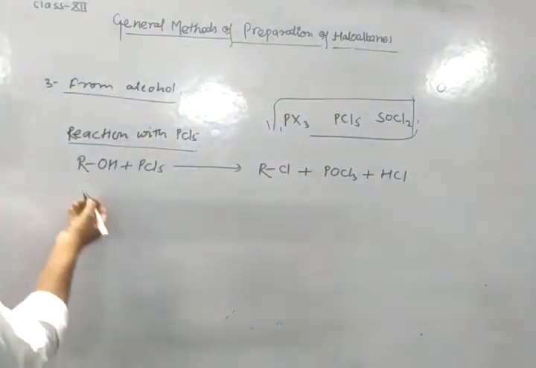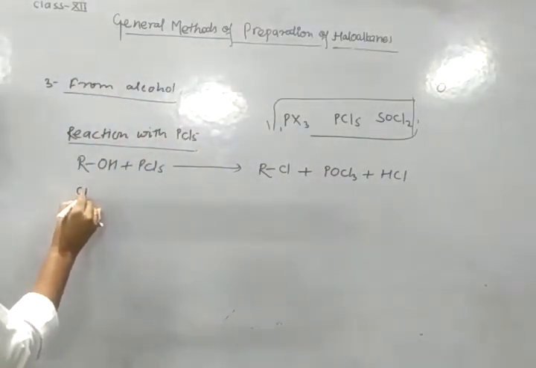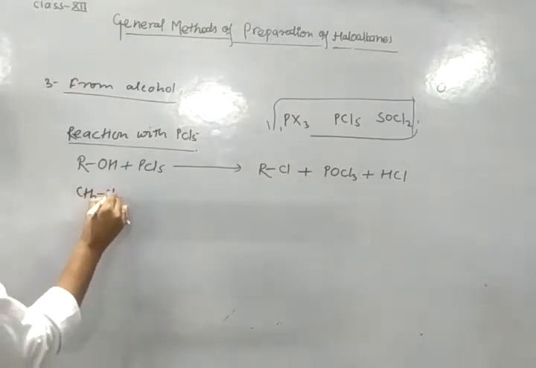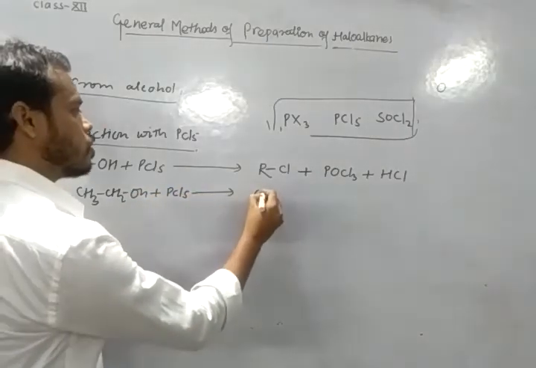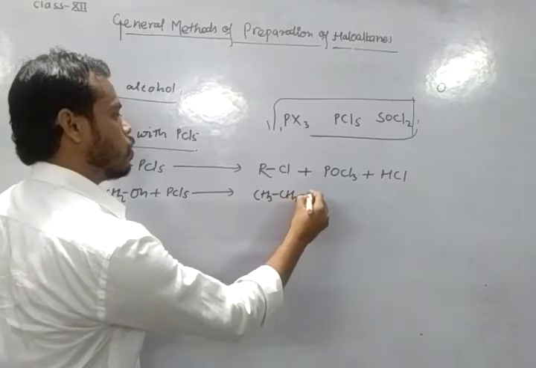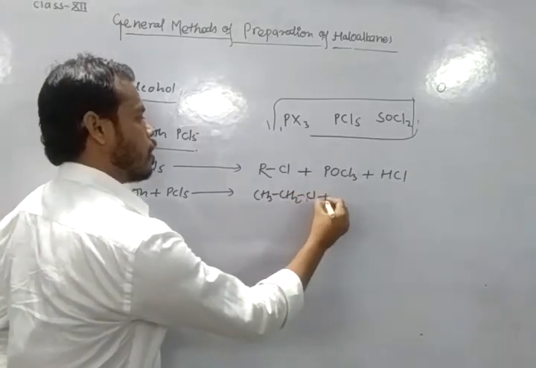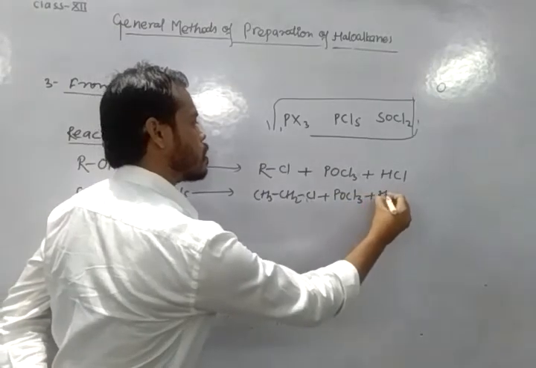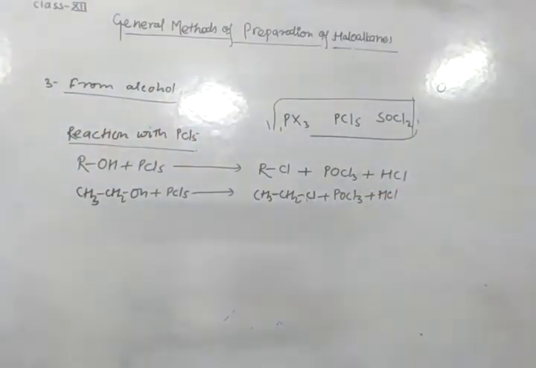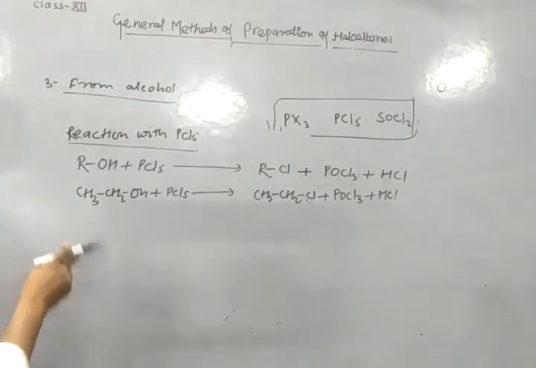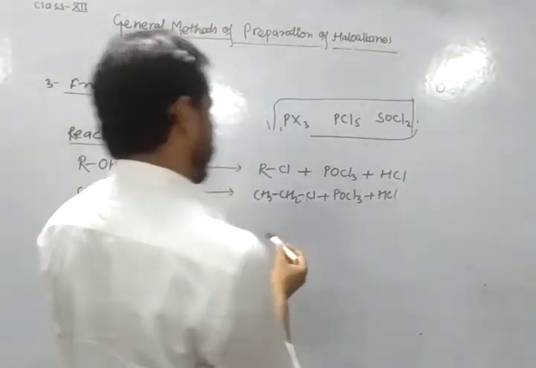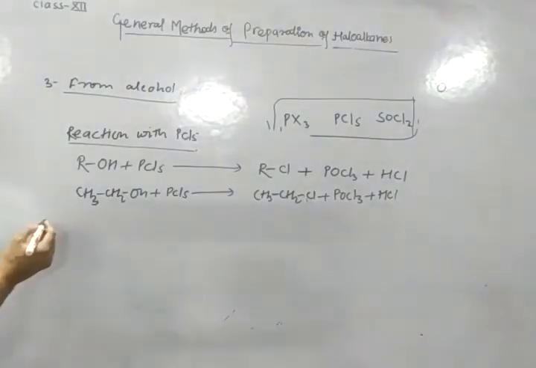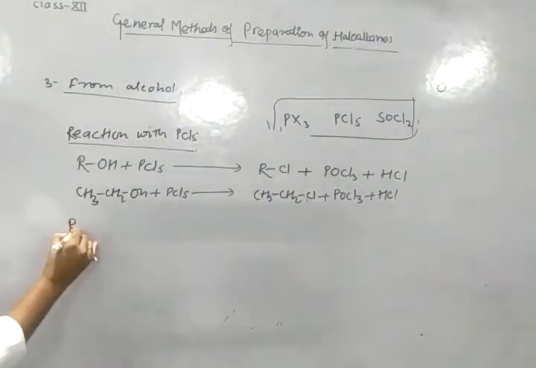Clear? Now you can take more examples: CH3CH2OH plus PCl5 gives CH3CH2Cl plus POCl3 plus HCl. You can take lots of examples and form more haloalkane compounds.